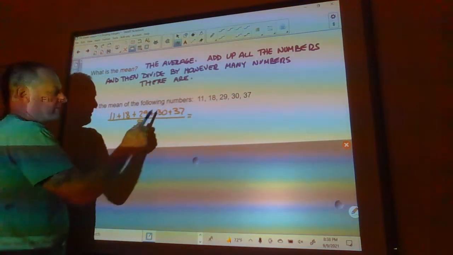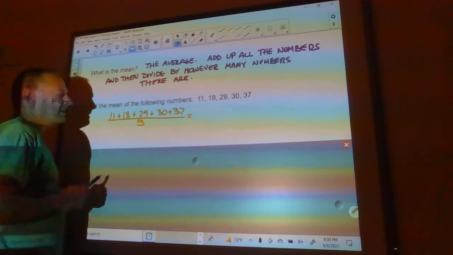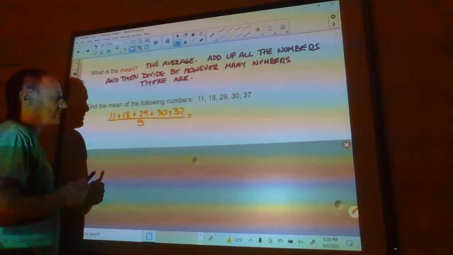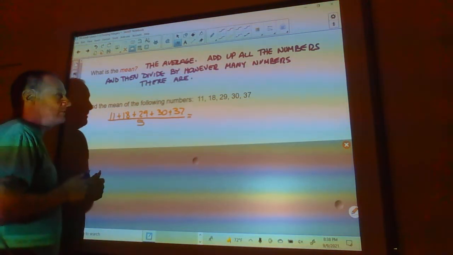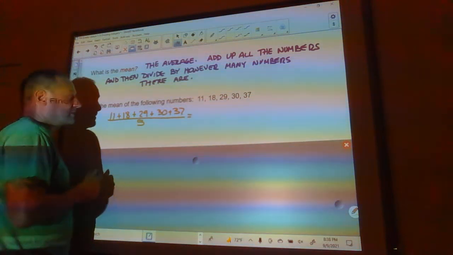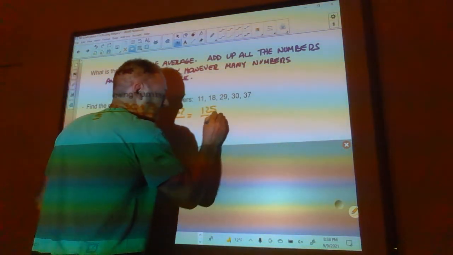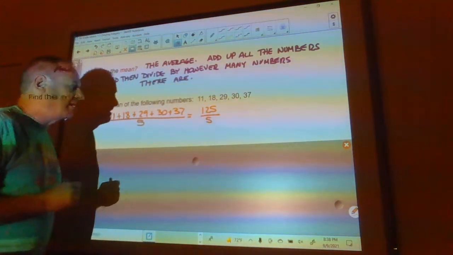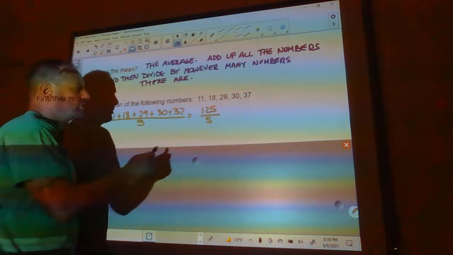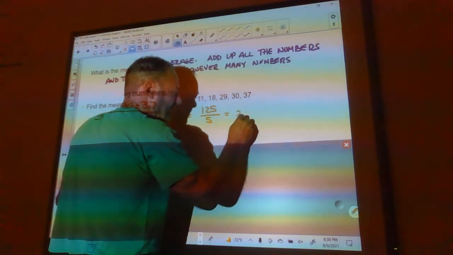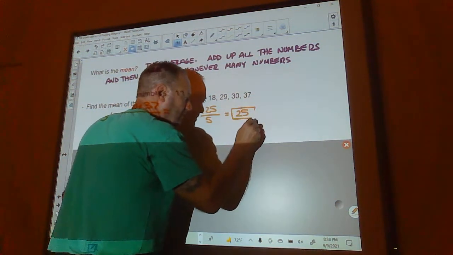Okay, so 37 and 30 is 67. Plus another 29 would be 96. Plus 18 would be 114. Plus 11 would be 125. Divided by 5. That's fortunate. That divides it evenly, so my average is 25.